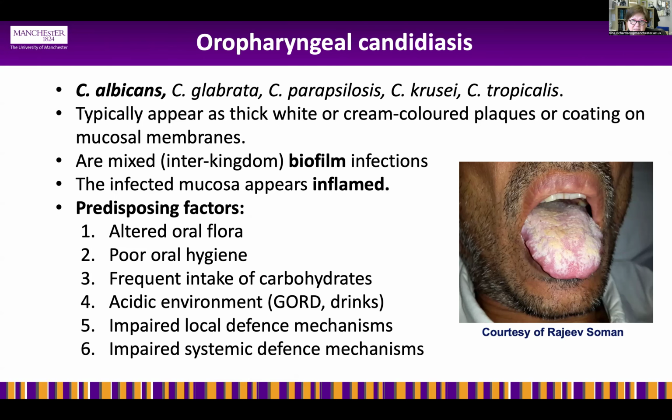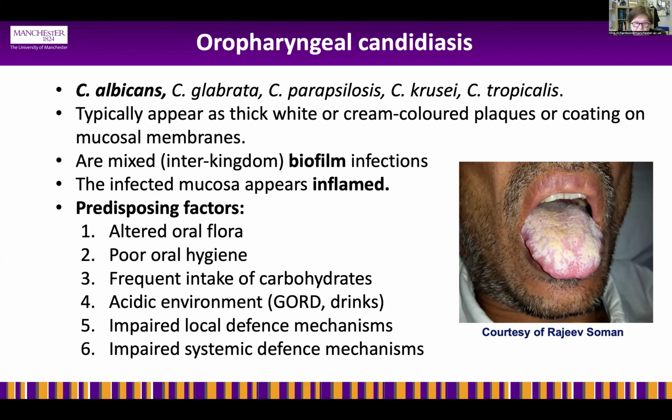So for this condition, you need to have some predisposing factors. Some of them obviously are not immune dependent. They are about your oral flora, if it has become altered because of antibiotics or maybe use of narrow spectrum mouth rinses, or just having very poor oral hygiene and thick coatings of biofilms on the teeth and dentures and so forth.